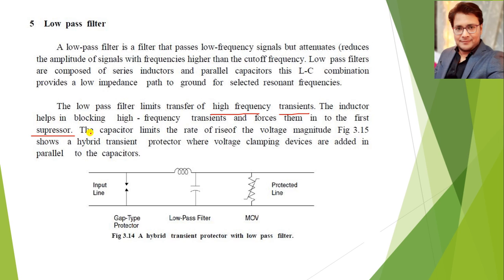The capacitor limits the rate of rise of the voltage magnitude. Figure 3.15 shows a hybrid transient protector where voltage clamping devices are added in parallel to the capacitor. Okay, parallel to the capacitor. This is the figure. Now, moving to the next slide.